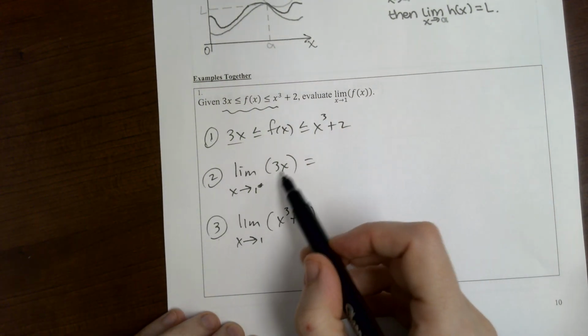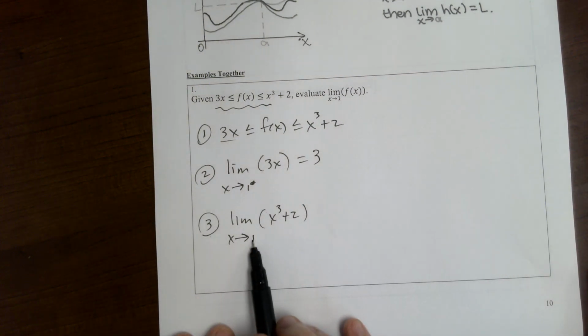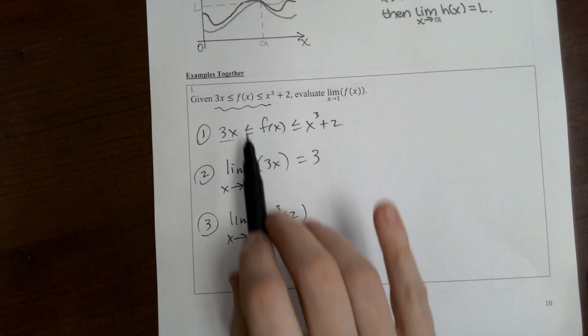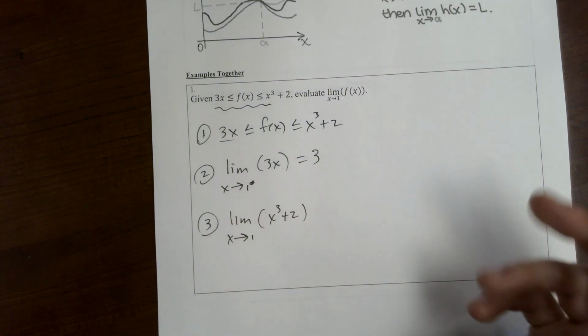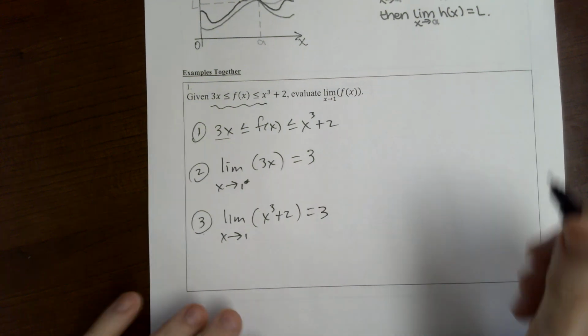For this limit, I could just plug 1 in and I get 3. If I also get 3 for this part, then I can conclude that the limit of the middle function is also 3. Here I could just plug 1 in, and I get 3 again.